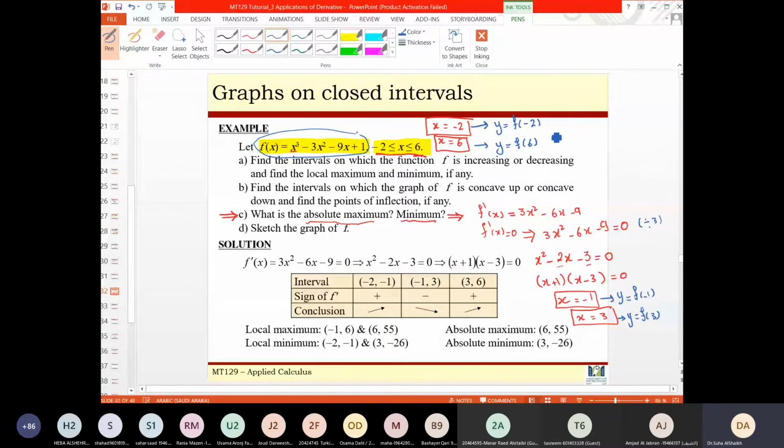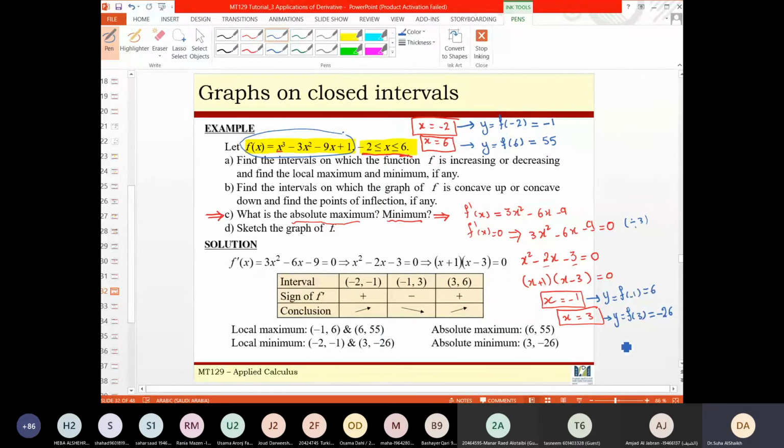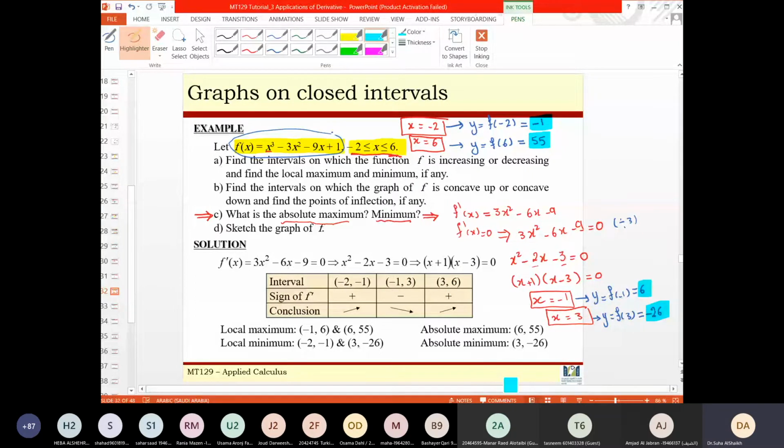The calculation for you: minus 2 will go to 6... sorry, the minus 2 and the 6 will go to 55 and the minus 1 will go to 6 and the 3 will go to minus 26. Now do you see these points? Where is the highest value?